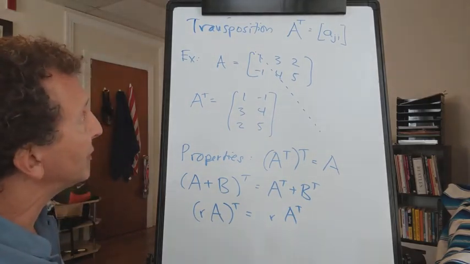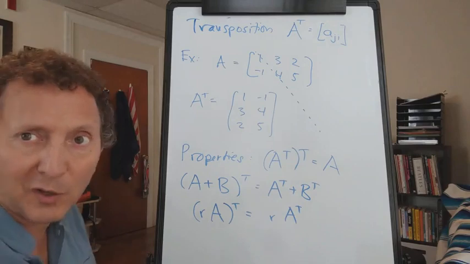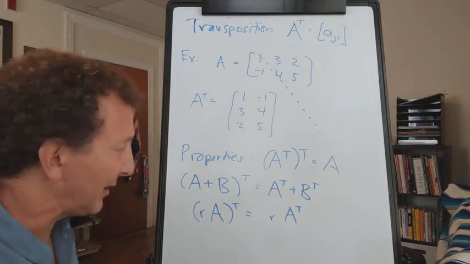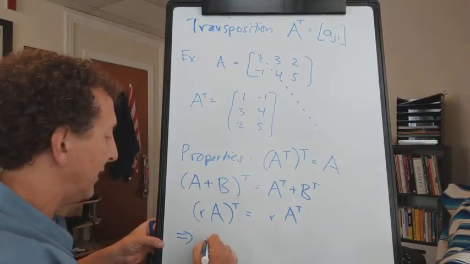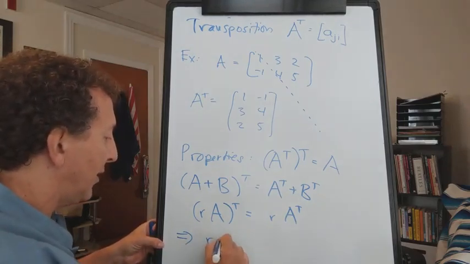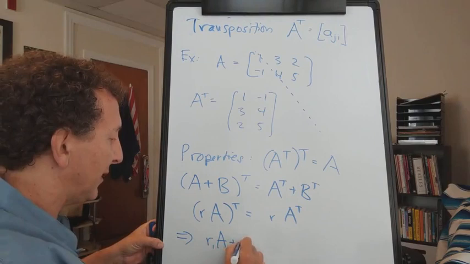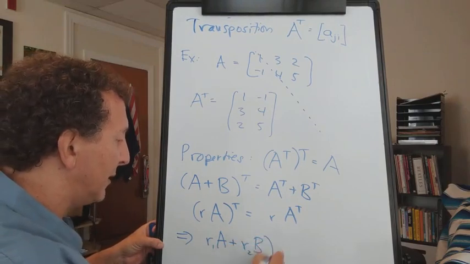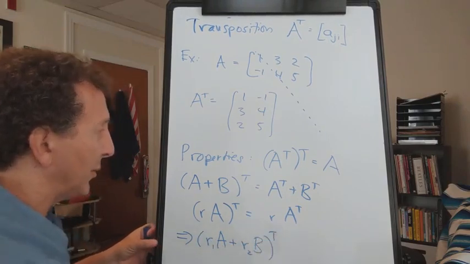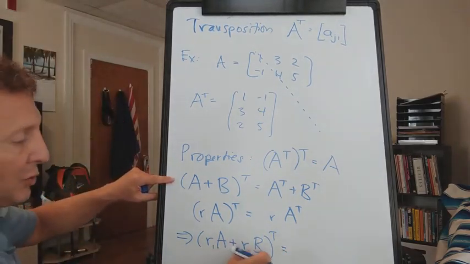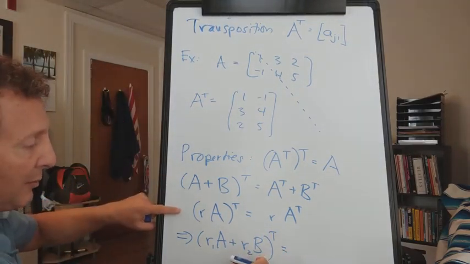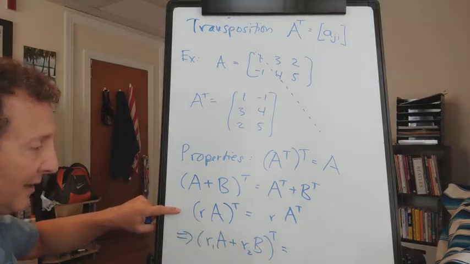This means that transposition is a linear function. Remember, we talked about linear functions in the first lesson. So that means that if we take R1A plus R2B and transpose it, so by this rule we can transpose the two pieces individually, and by this rule we can pull the constant out.